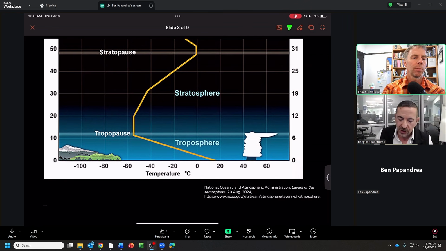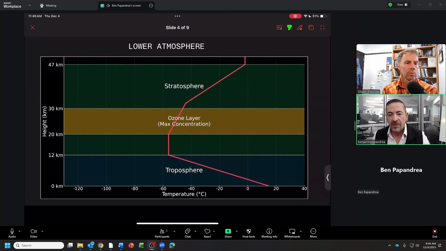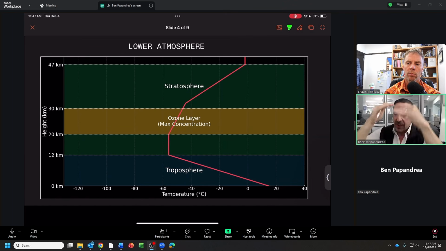So why is the stratosphere warm? Because of the ozone layer. The ozone layer, which protects us from ultraviolet radiation, is contained within the stratosphere. And this is what you were asking about before, do the gases become layered? Ozone is at that right weight mass where it settles in around 20-30 kilometers.